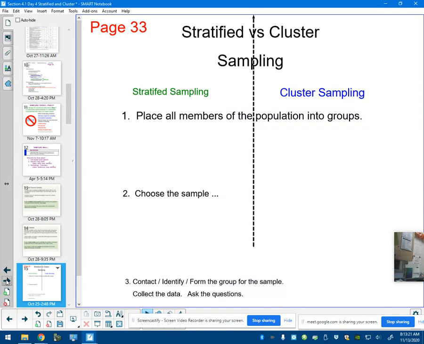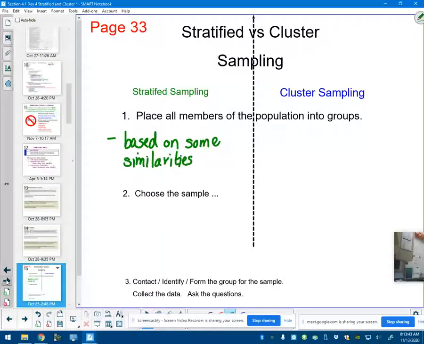So we place members of the population into groups for both of these. They both start off the same way. But for stratified, this is usually based on some similarities. That's how we group.